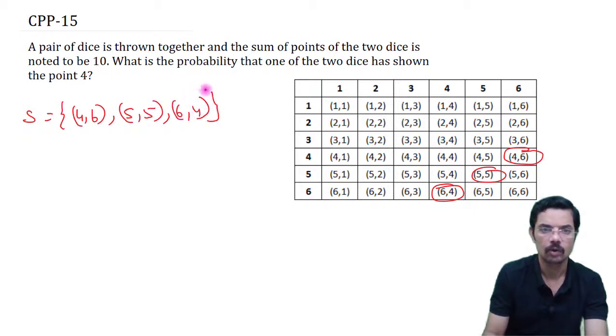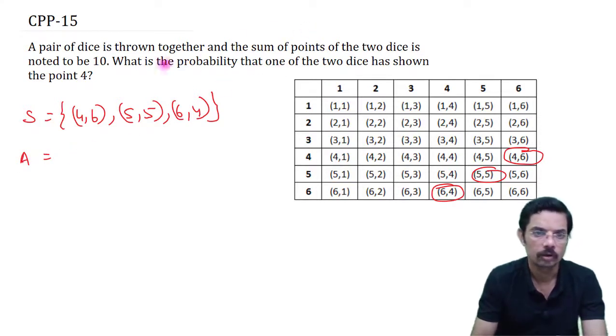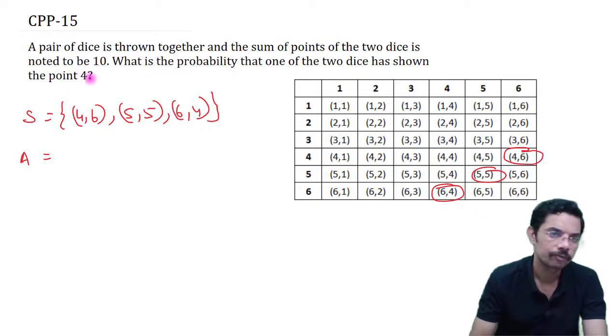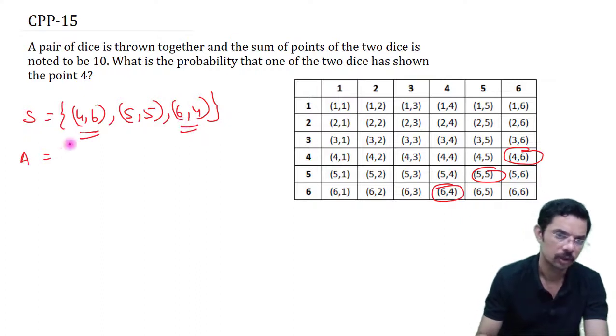Out of them, A will be the event of getting a 4 as one of the points. So it is either 4, 6 or 6, 4. There are two options.